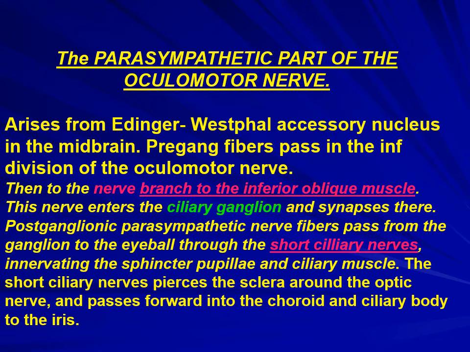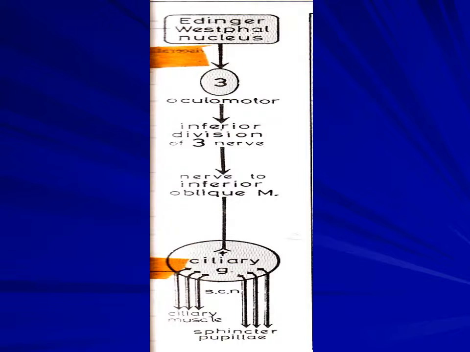This nerve enters the ciliary ganglion and relays within this ganglion, and the postganglionic fibers carrying parasympathetic nerve fibers pass away from the ganglion to the eyeball through the short ciliary nerves, innervating the sphincter pupillae muscle and the ciliary muscles. The short ciliary nerves pierce the sclera around the optic nerve and pass forward into the suprachoroidal space to reach the ciliary body and the iris.